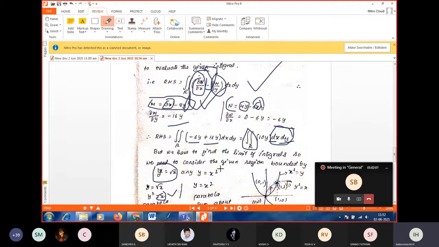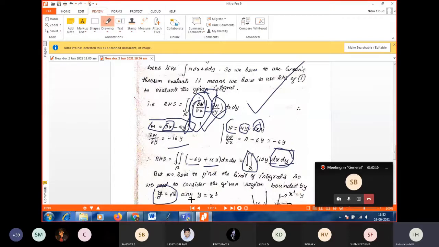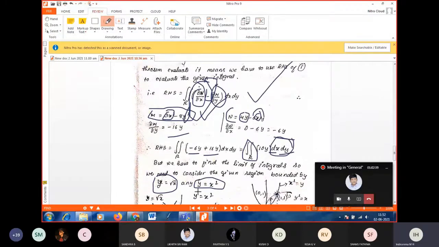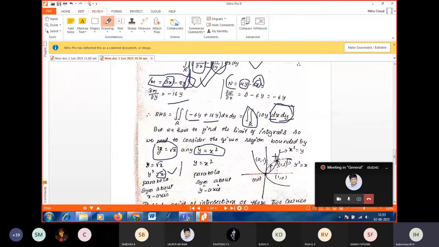Next, the second curve, y equal to x square, or x square equal to y. X square equal to y represents a parabola symmetric about the y-axis. I have drawn both the parabolas.